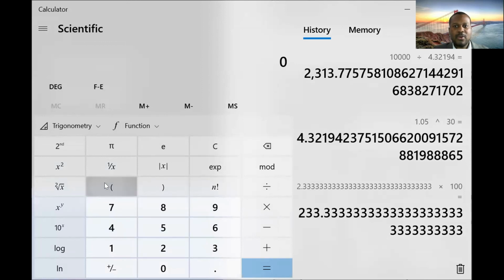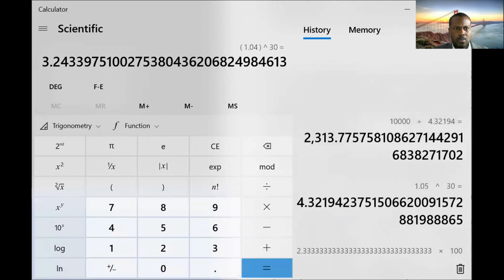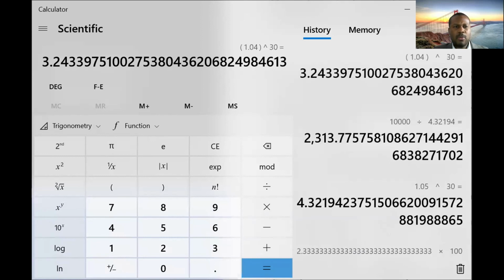So let's go in the middle first, which is what's in the bracket. So we have 1.04, and we raise that to 30, which is 31.2433.